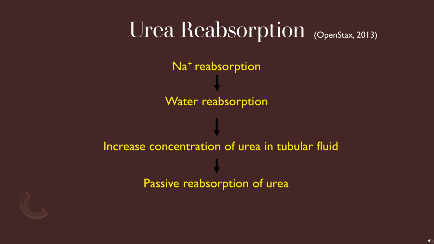When water is extensively reabsorbed in the proximal tubule, the original 125 milliliters per minute of filtered water slowly reduces until only about 44 milliliters per minute of fluid is present in the lumen by the end of the proximal tubule.